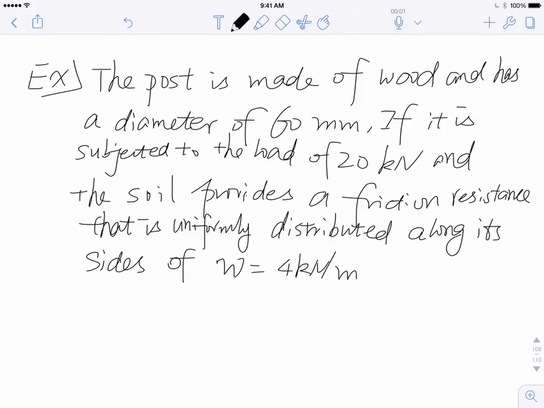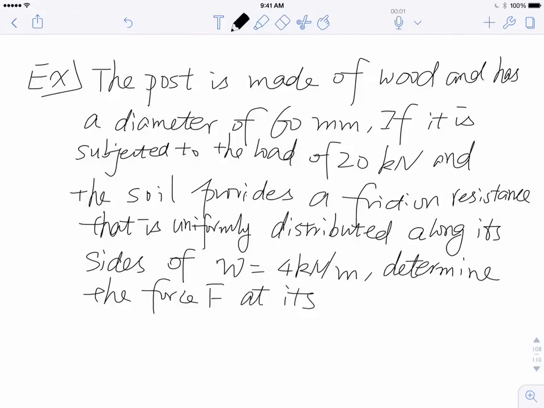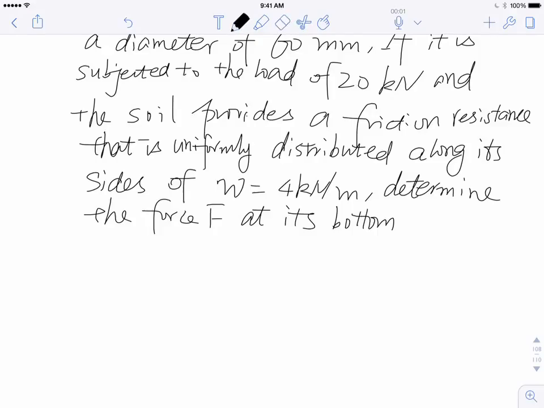I'll tell you what that means later, all right? Okay, and determine the force F at its bottom needed for equilibrium.